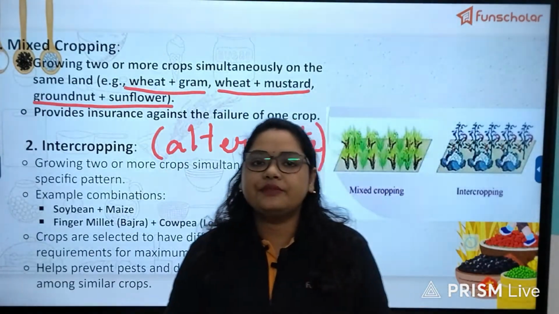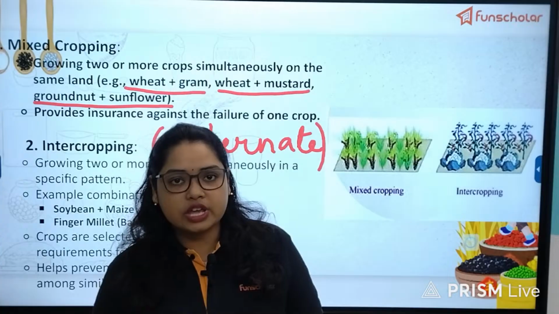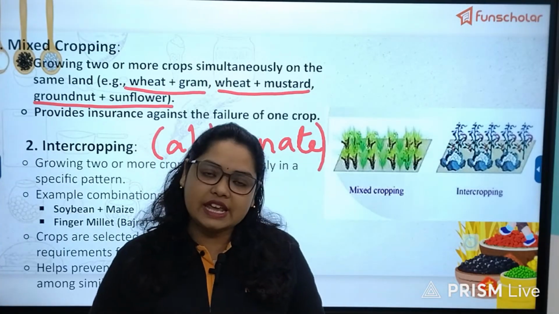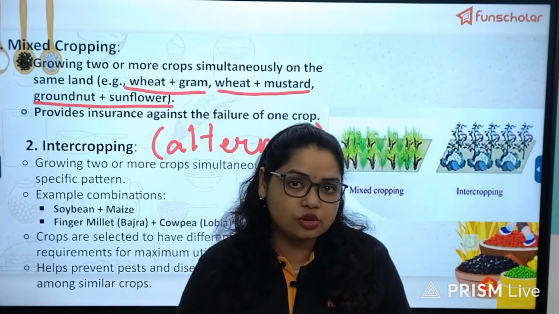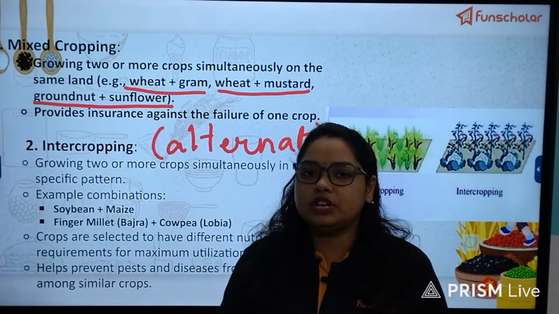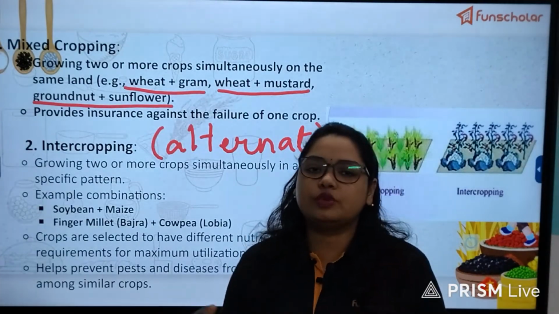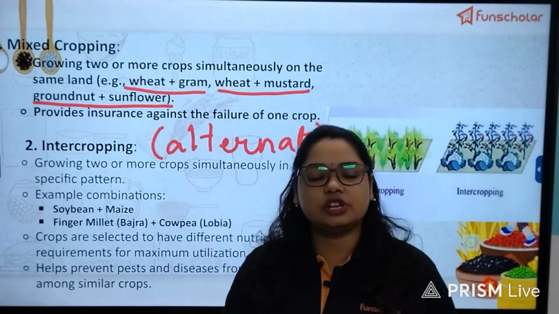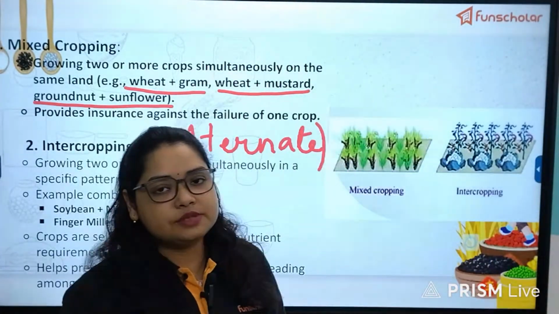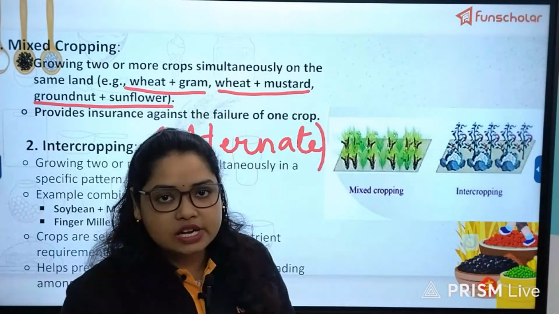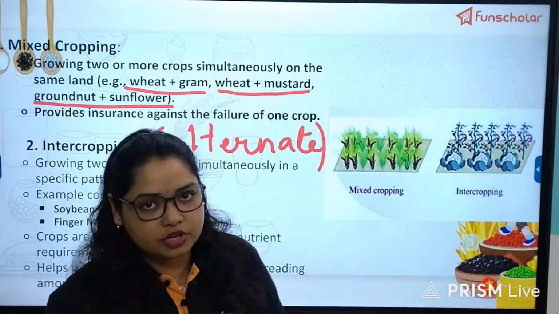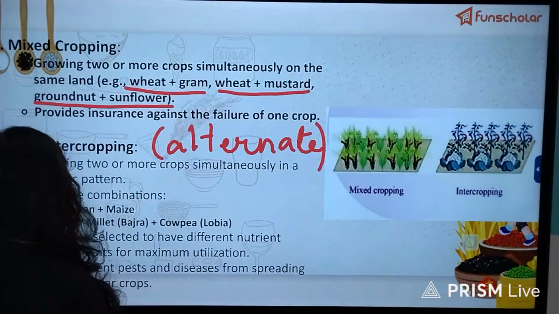That means if one crop is drawing out, for example, excess nitrogen from the soil, the other crop should be a leguminous crop which will replenish that nitrogen back to the soil. In this manner, both the soil quality as well as the quality of the crop will be maintained.